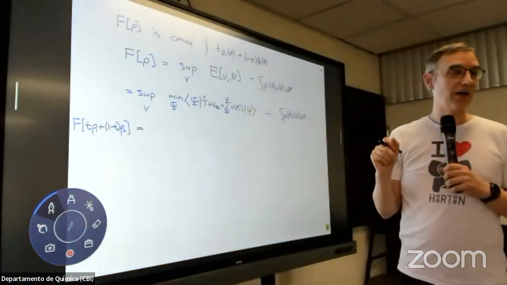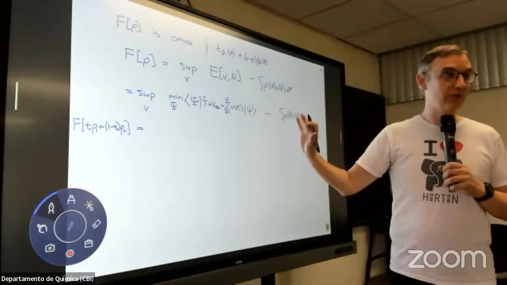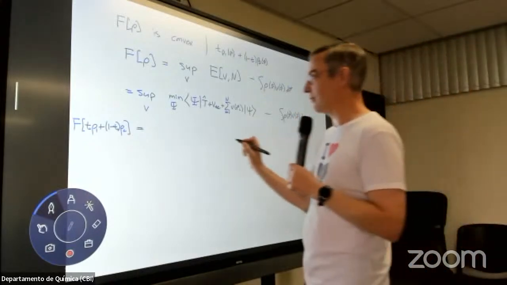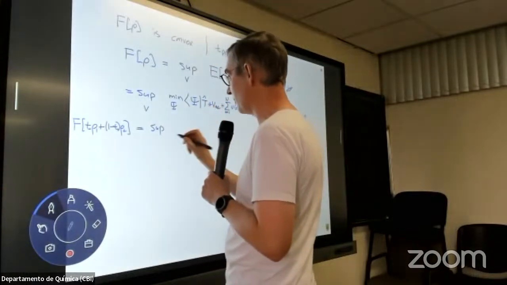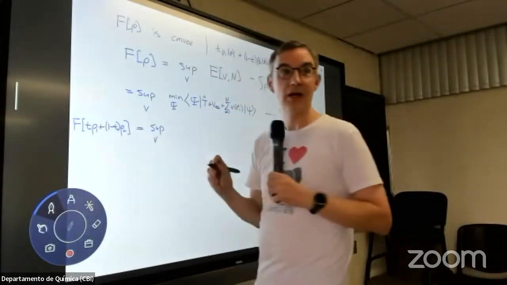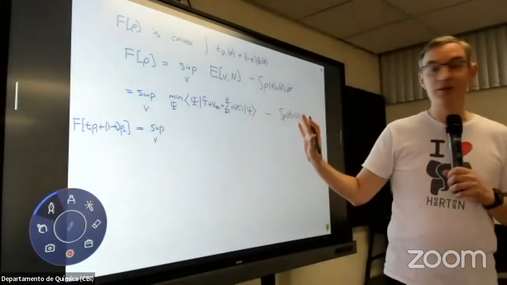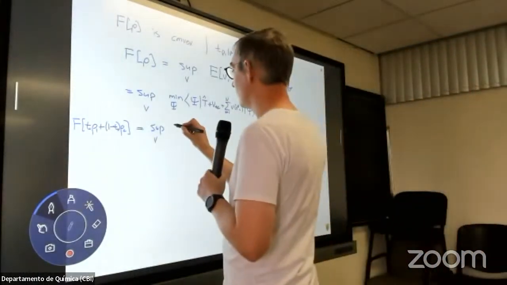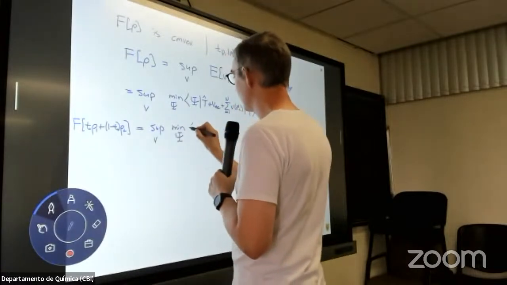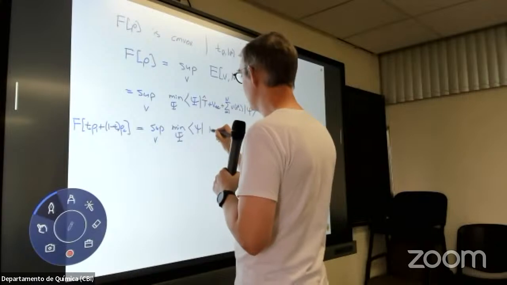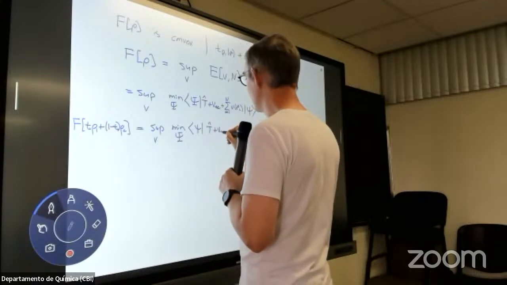I don't know exactly what's going on yet here, but one thing I know is that I can rewrite this as the supremum over V. I don't know what V I'm going to get yet, but it's a minimum over psi of psi T plus.